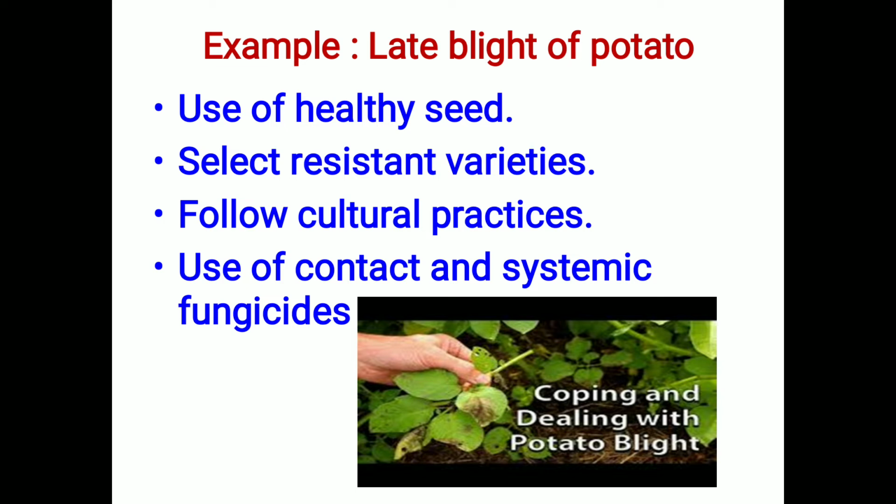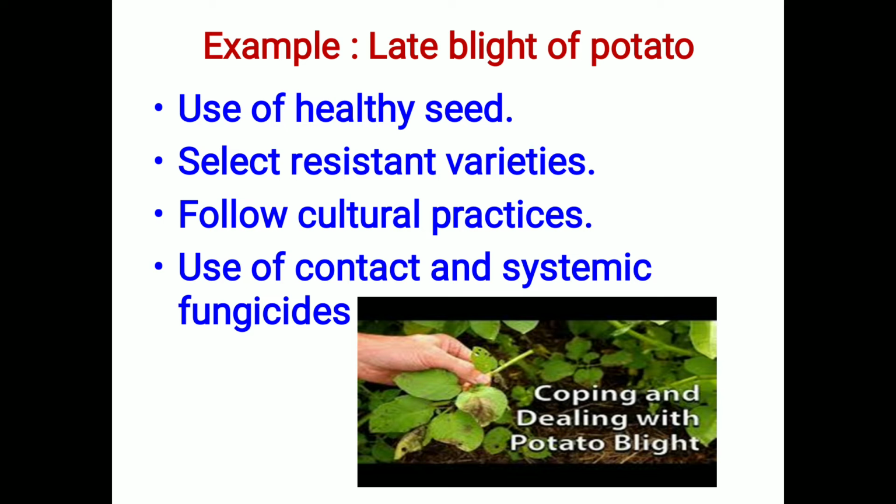Next example, to remove late blight of potato, what strategies are used? For example, use of healthy seeds, selection of resistant variety, then follow the cultural practices. As we know, a number of cultural practices are included. In that we can use mixed cropping or intercropping or removal of alternate and collateral host. Different practices come under cultural practices, or we can explain in a separate topic what the different cultural practices are and how they are useful.